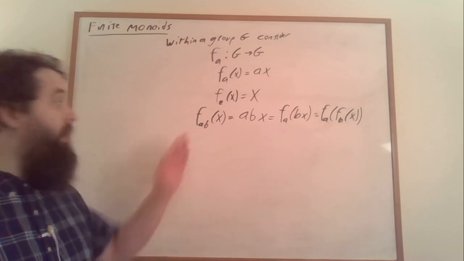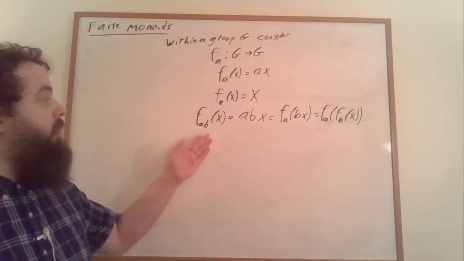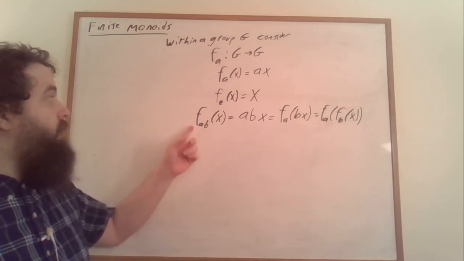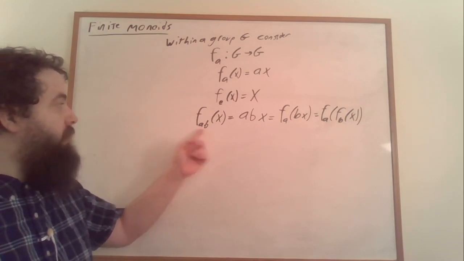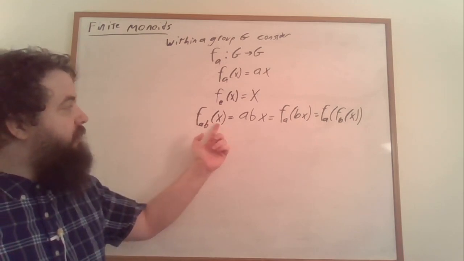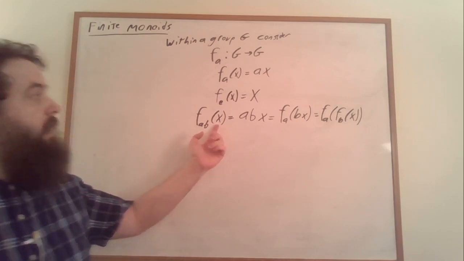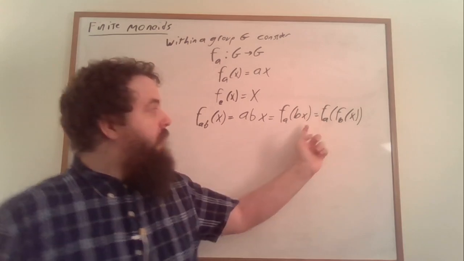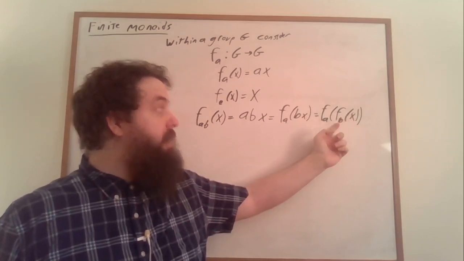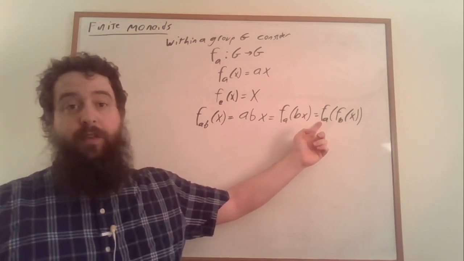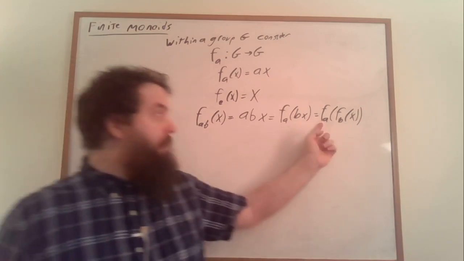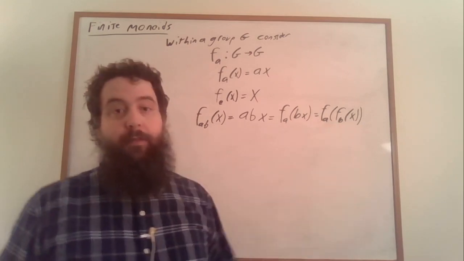If we have two elements of our group, A and B, well, of course, A times B is going to be an element of our group, and so we'll have a function corresponding to that element of our group, and what that function does to a particular value of x is the same thing as what would happen if we took our x and applied f sub b to it, and then applied f sub a to the result. And so f sub ab is f sub a of f sub b.